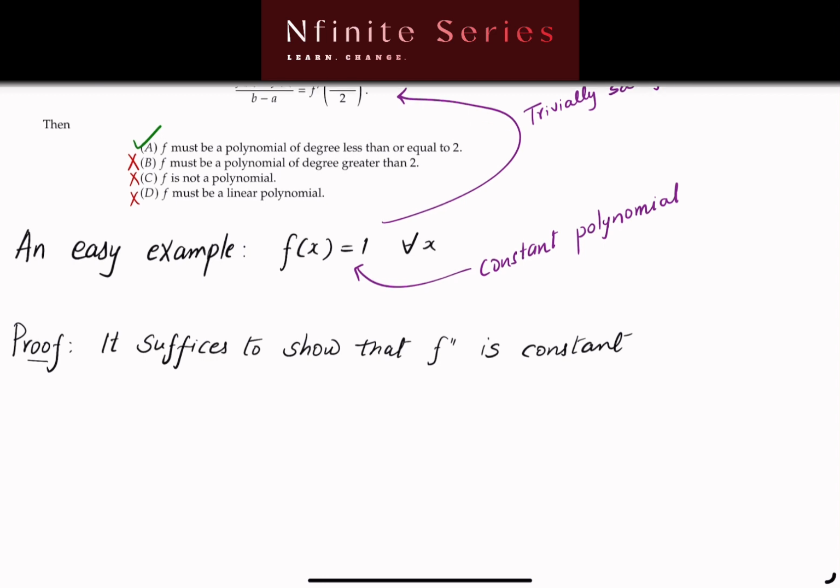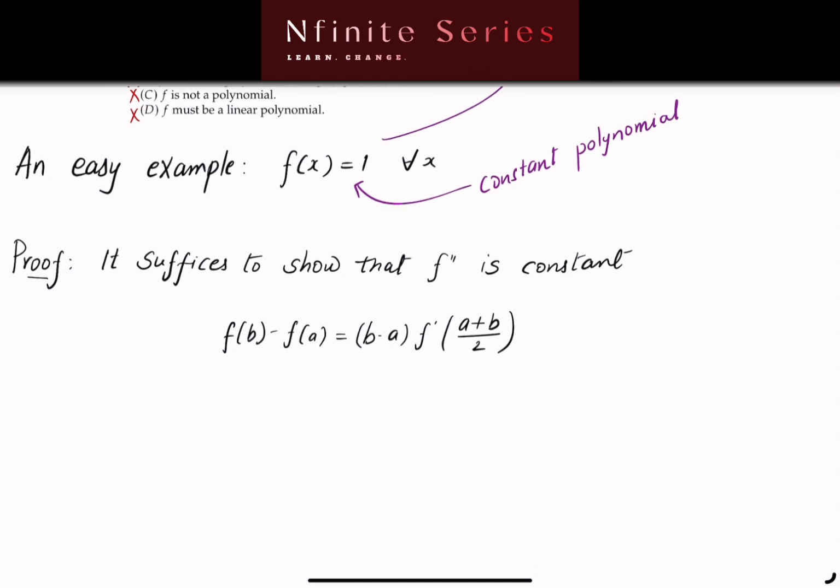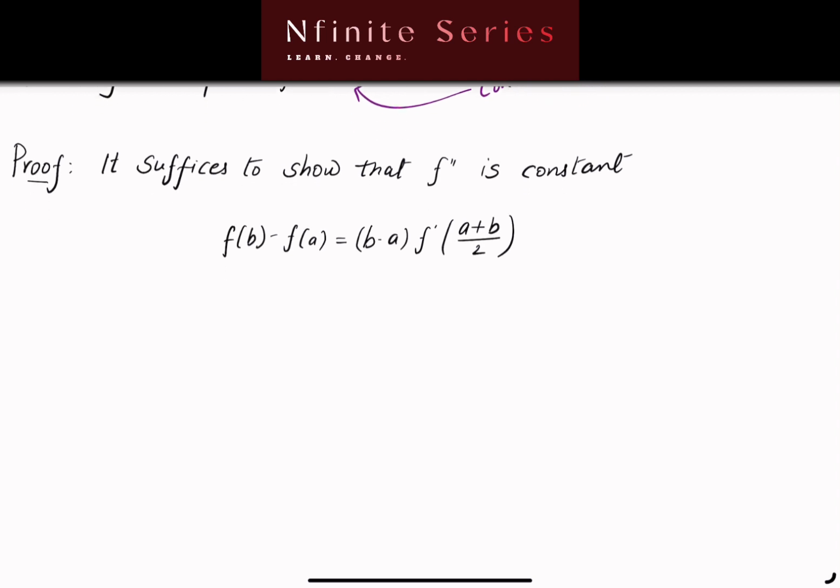Very well, let us recall the given condition first. We have f of b minus f of a equal to b minus a times f prime of a plus b by 2. We will now manipulate this condition to prove that f double prime is indeed a constant.